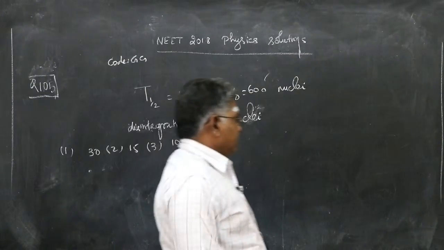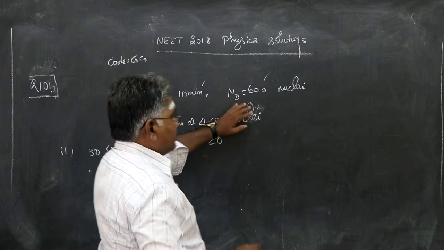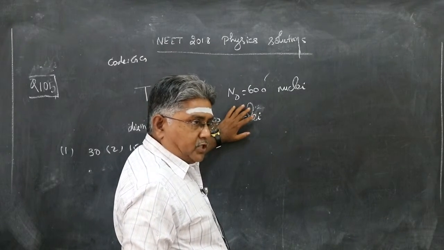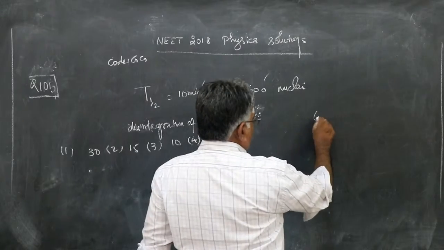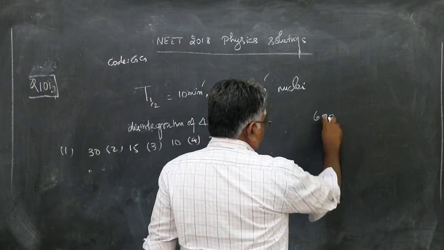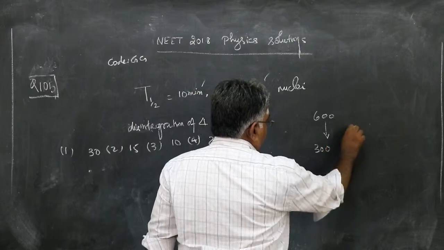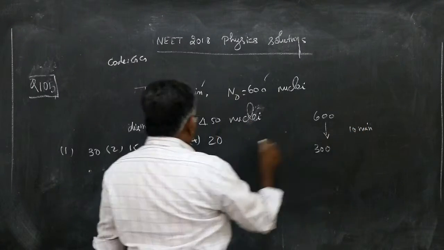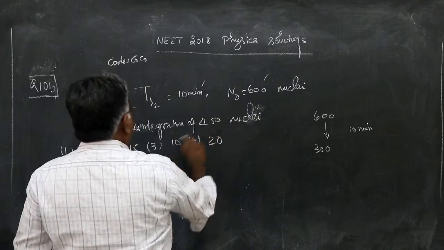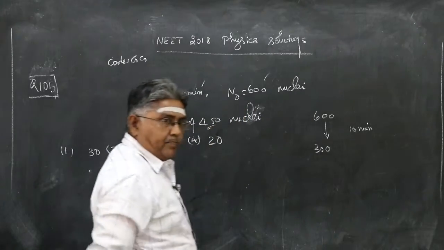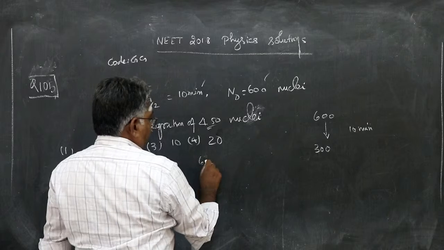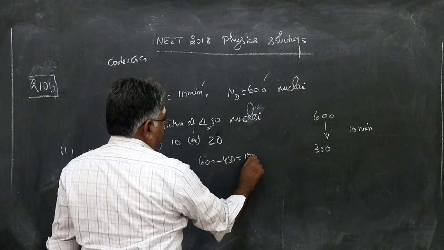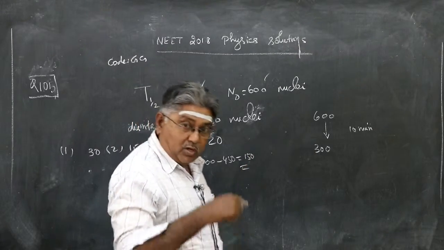A very simple question. If you know the half-life definition, you can easily do this sum. Half-life is 10 minutes. From 600 to 300, time taken will be 10 minutes. Then, since 450 have to disintegrate, how much should remain? 600 minus 450, 150. 150 nuclei should remain.